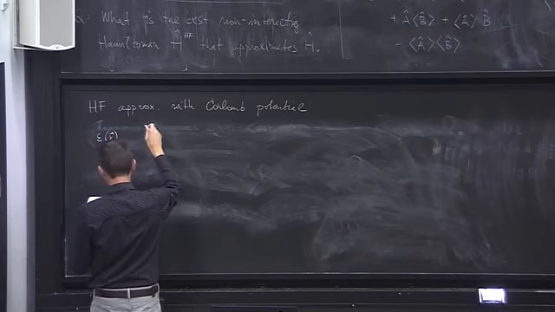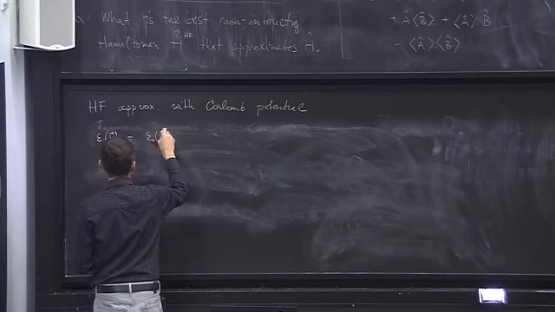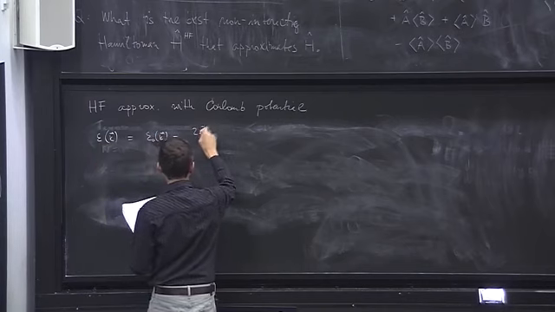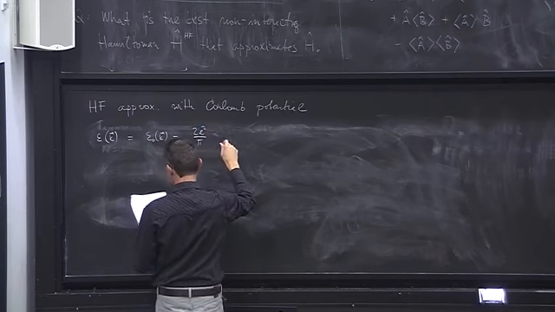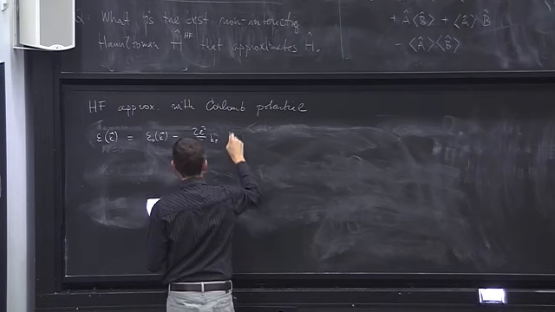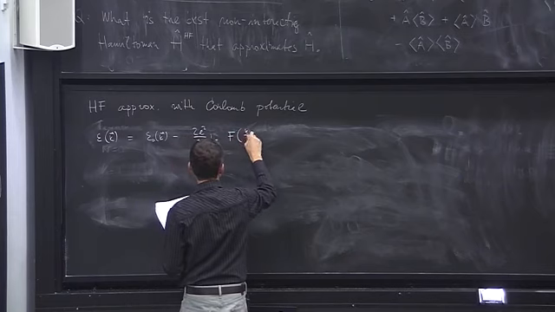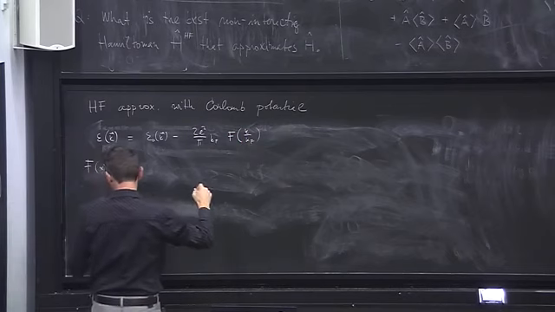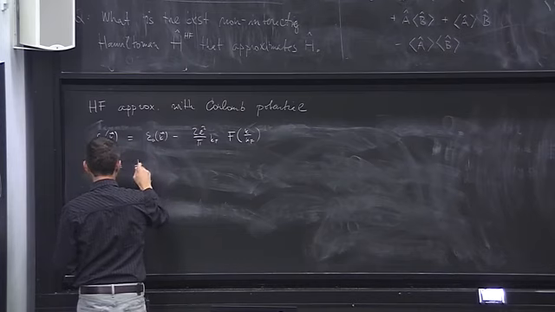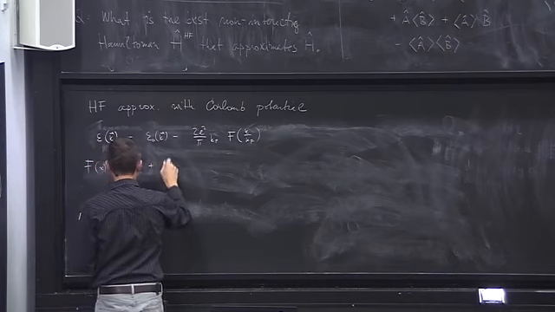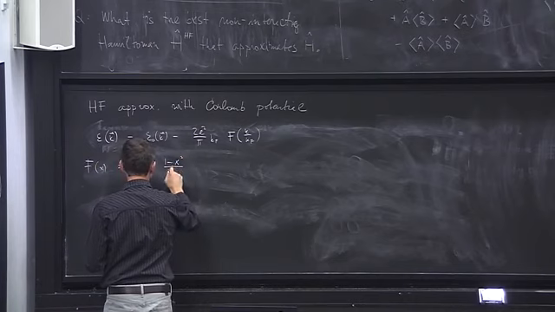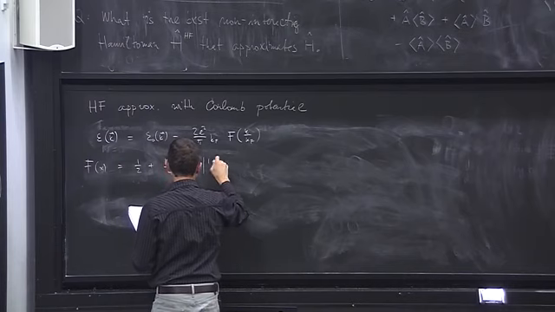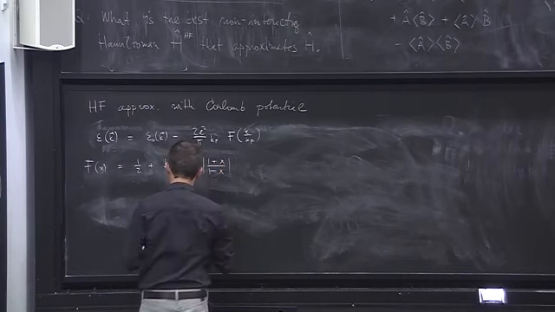Epsilon k is equal to epsilon naught of k, which is the non-interacting energy, plus, written economically, 2e squared over pi kf times capital F of k over kf, where capital F of x is just that function, written in terms of dimensionless variables: 1/2 plus (1 minus x squared) over 4x times log of (1 plus x) over (1 minus x).